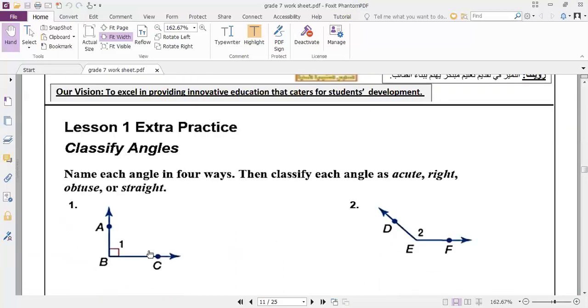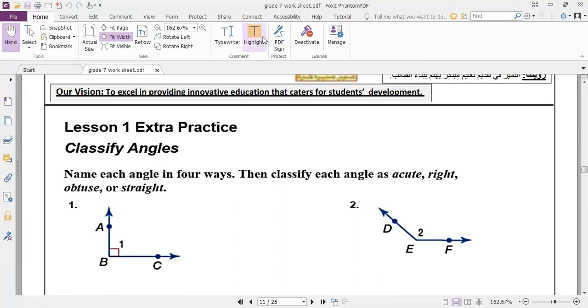If we look at the first shape, Saleh, here we have angle ABC or angle CBA, or I can call it B alone, or angle number 1. Its measure is equal to 90. Why do I call it 90, Saleh? Because I have a square mark here.